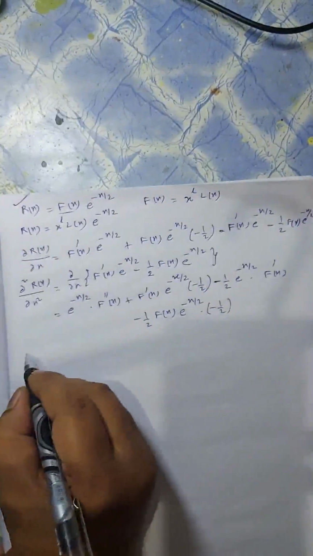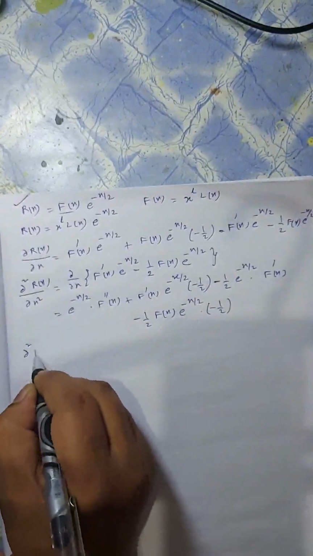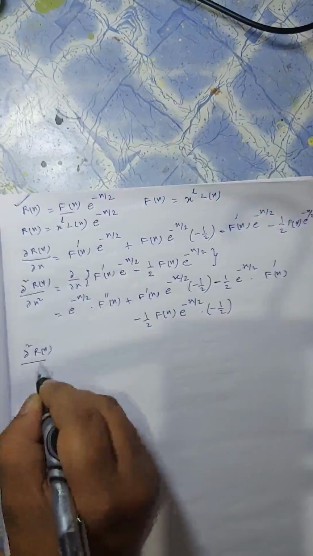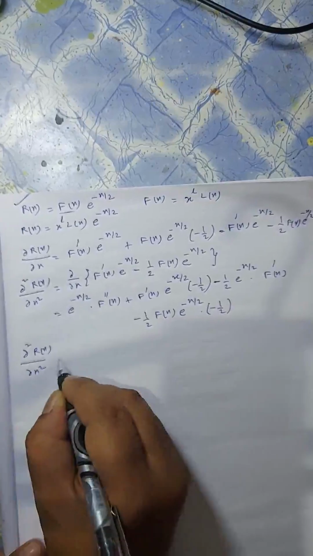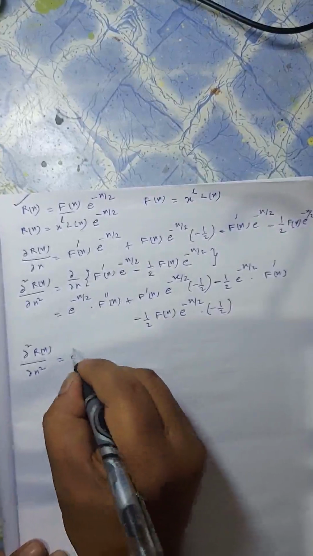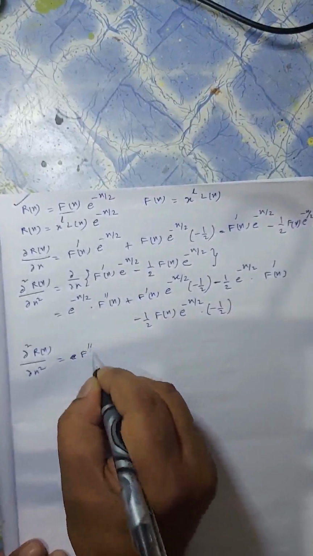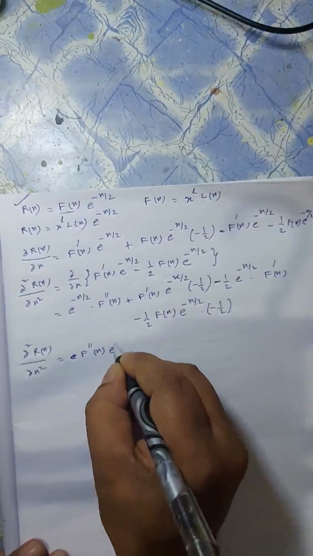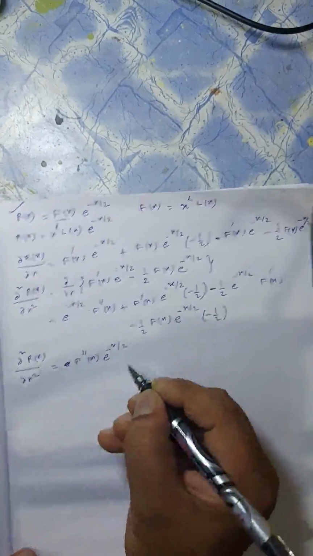Okay, then you have to make the second derivative of this, ∂²R/∂x². I take this one first, F''(x) e to the power minus x by 2.